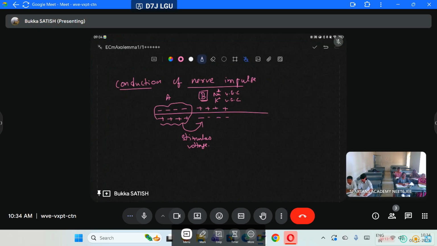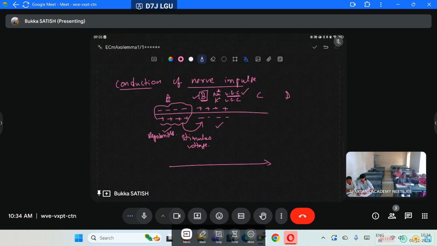Therefore, Na plus voltage gated channels will open. Whatever we have discussed for A, the same thing happens with B. The only thing is the stimulus is this point now. Is it clear? Okay. So by the time B is stimulated and undergoes depolarization, A is again repolarized. The same way from B to C, C to D, like this, along the axon, the nerve impulse is getting conducted.